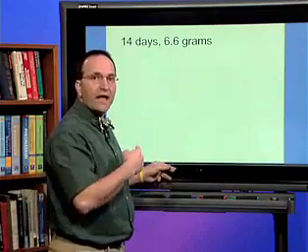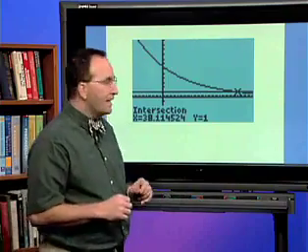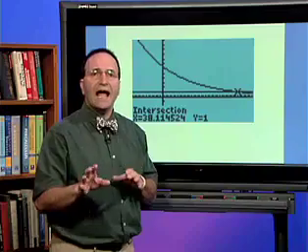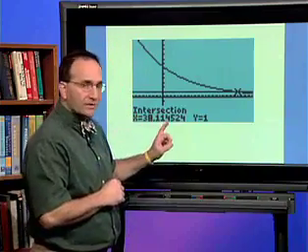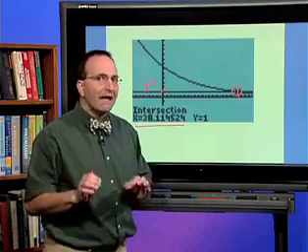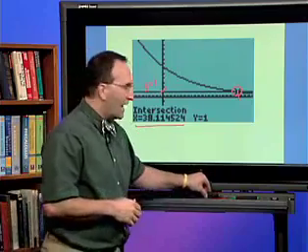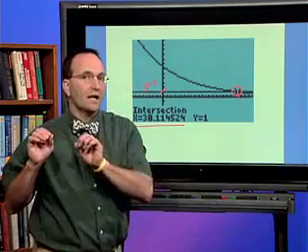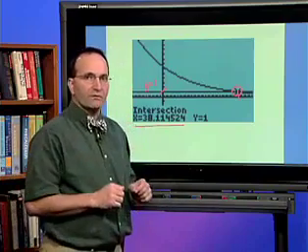And that means that we would enter that equation into the grapher, press our graph key, and lo and behold, we would then have this graph, which shows us the intersection with y equals 1, which is what we're interested in, is right over here, and we are told the x value, which of course is our t value in this case, which is the number of days, so it's just beyond 38 days. 38 and 11/100 days is what we would round it off to, and that's how many days it would take for it to go from 6.6 grams to less than 1 gram.